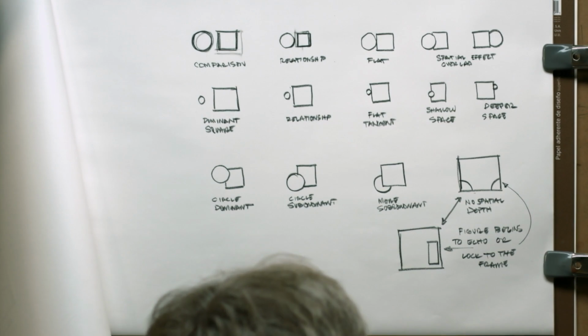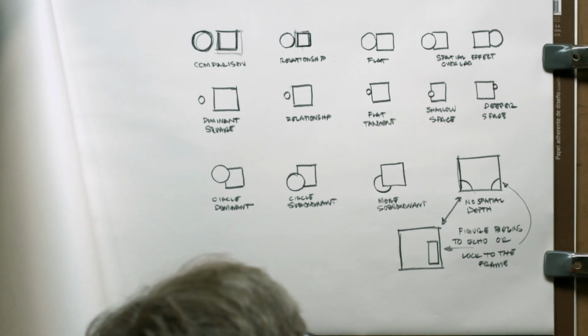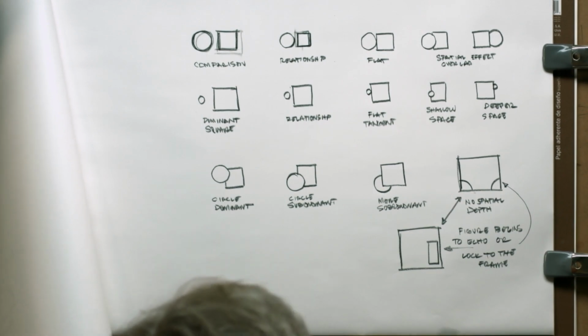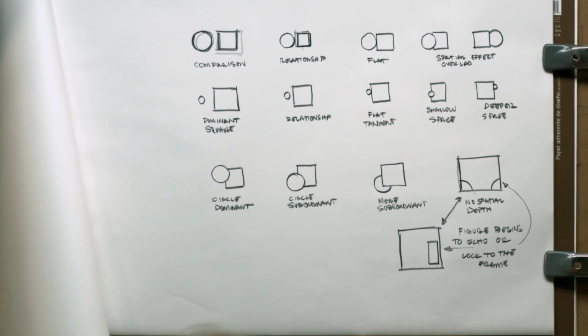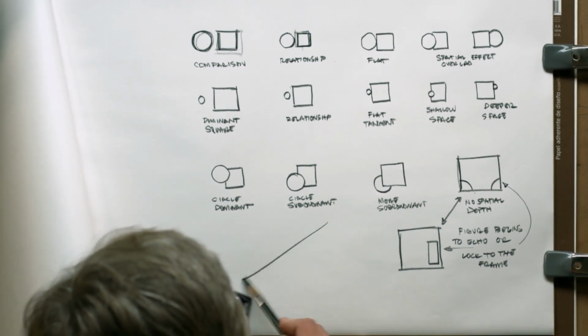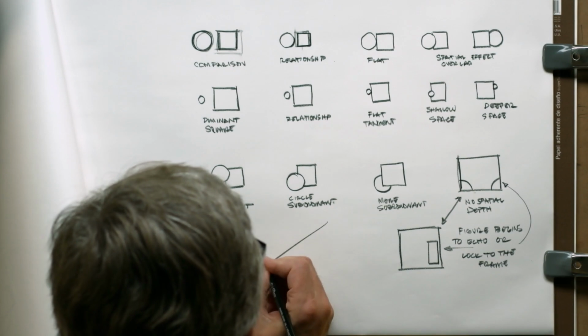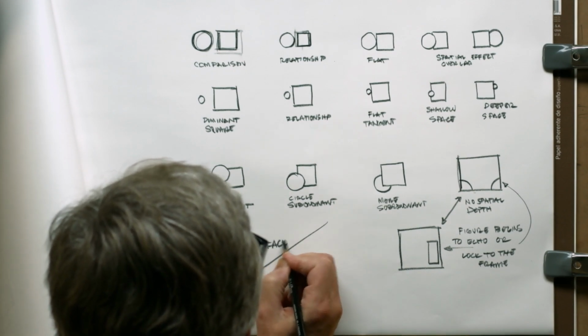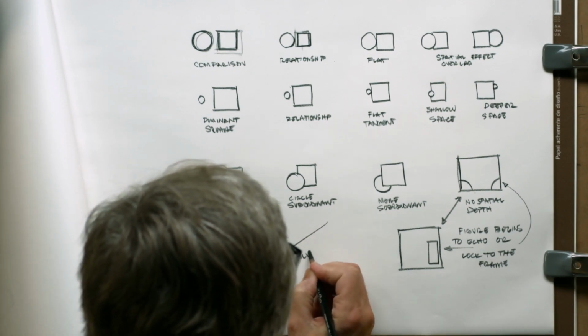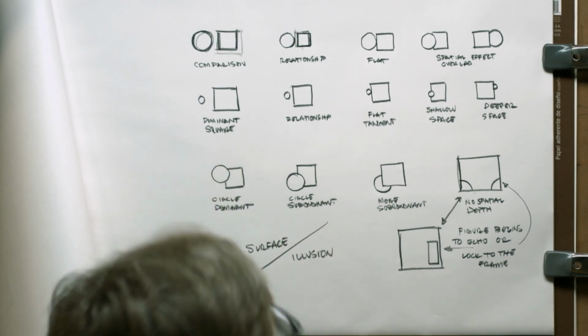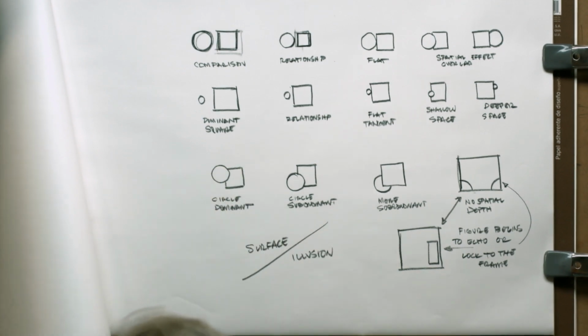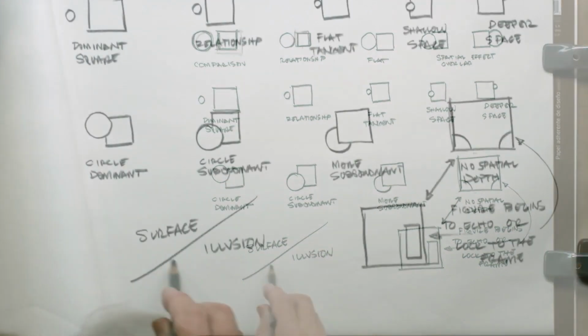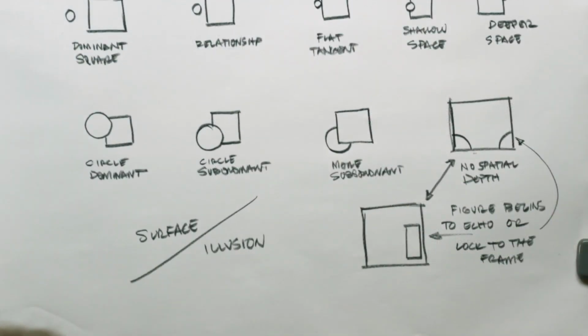Okay, and the interesting thing there too is you have a contrast. We're really all about contrast. And you can have a contrast between the surface and illusion. So this is a big factor in our compositions and in how we apply our marks too.